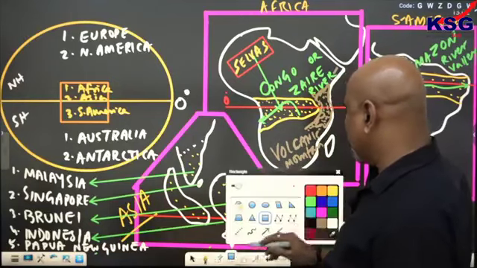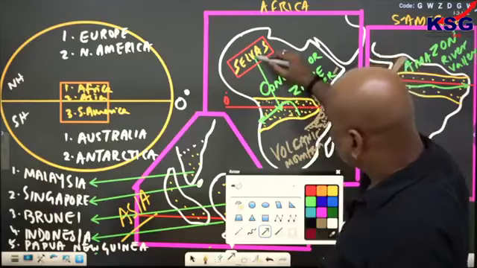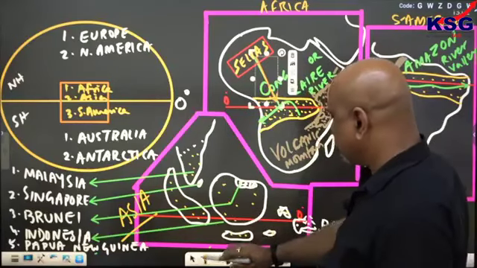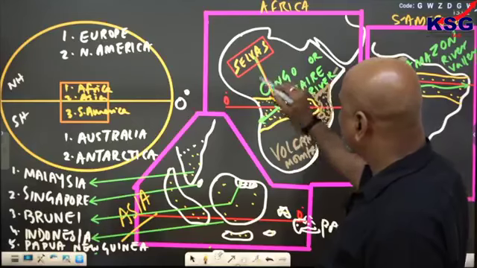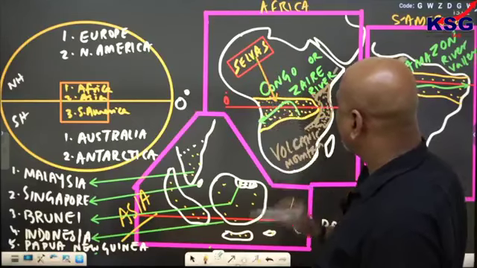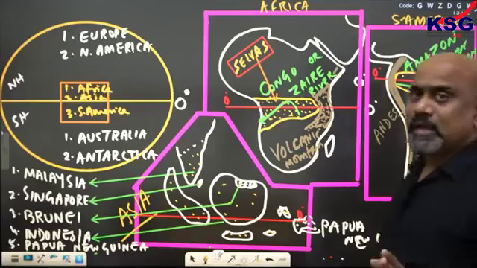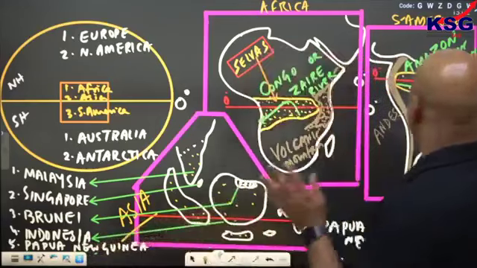This region is also called as the Selvas region. Tropical or equatorial rainforest of this region called as Selvas.